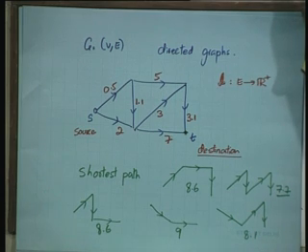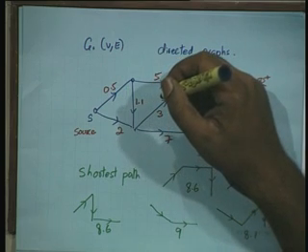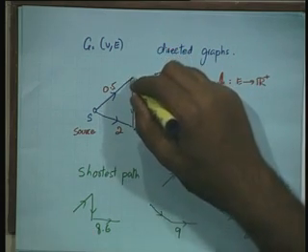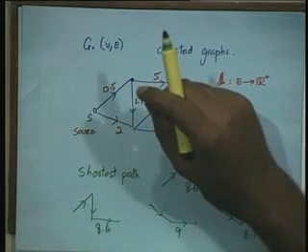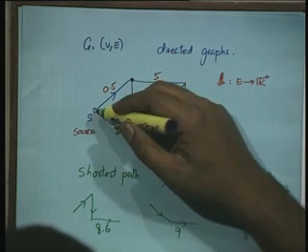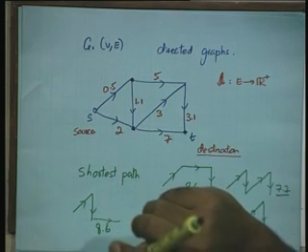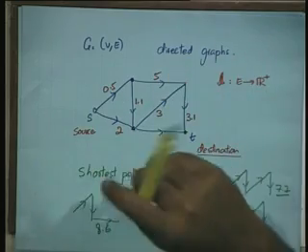Adjacent ones? Minimum of the adjacent ones. We know by looking at this that the shortest path from S to this vertex is 0.5. But the shortest path from S to this vertex is not 2.